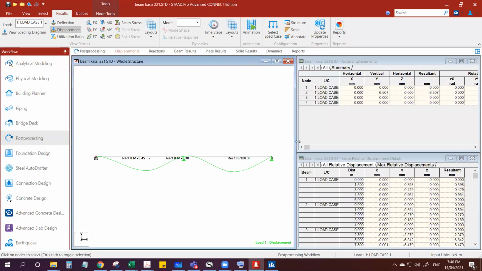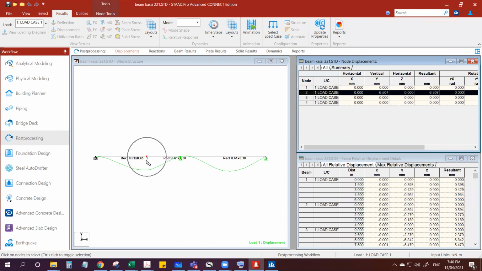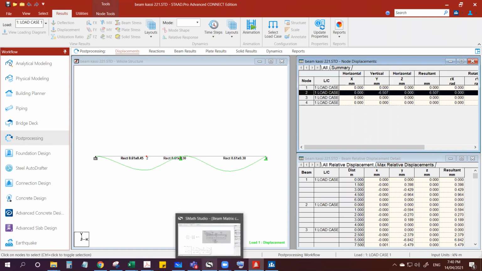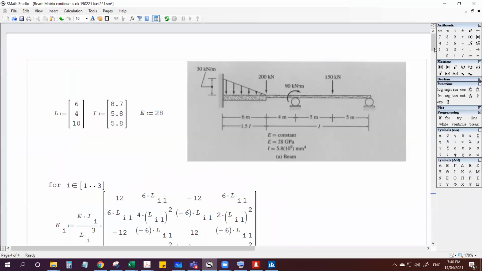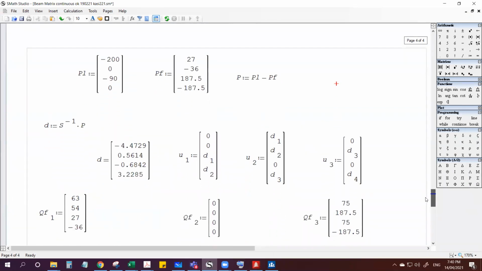Then okay. So here's our data. So according to this, I got a vertical 6.5 over here. Okay, 6.5 mm. What do we get on our SMAT? Our displacement is 4.47. There's a discrepancy. Let's verify.